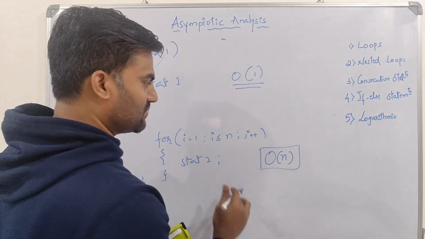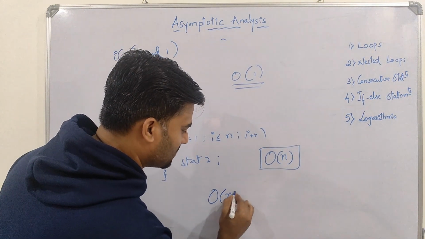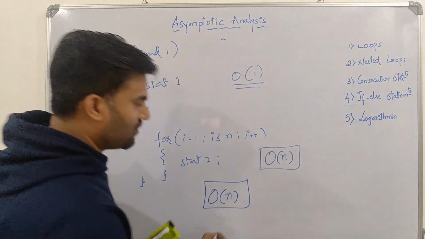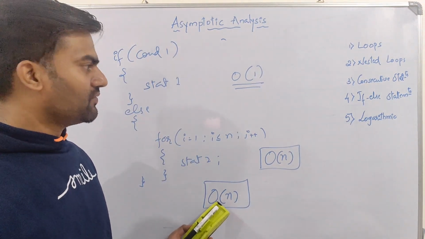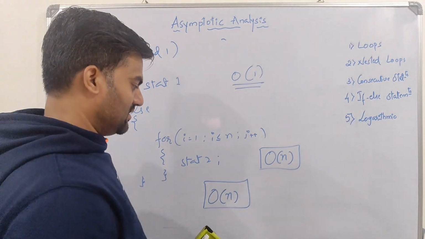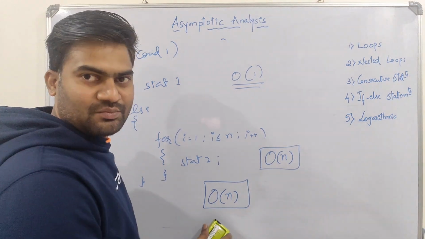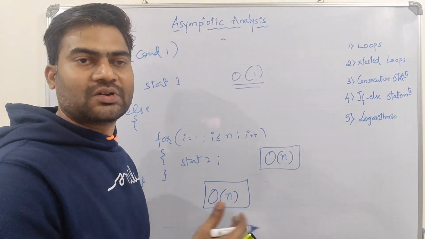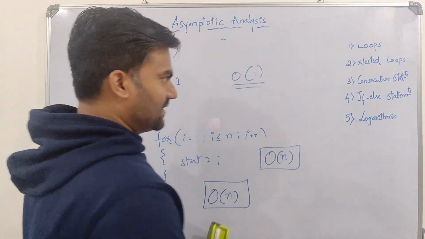So whatever is maximum out of these two, we have to consider that. That's why the order of this statement is order of n. This is basically the linear running time. As the input grows, the running time also grows linearly.